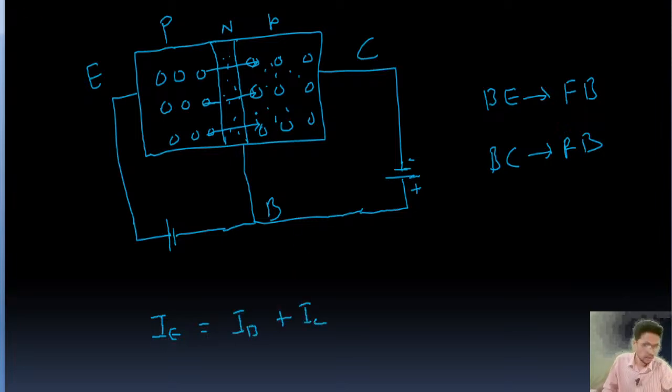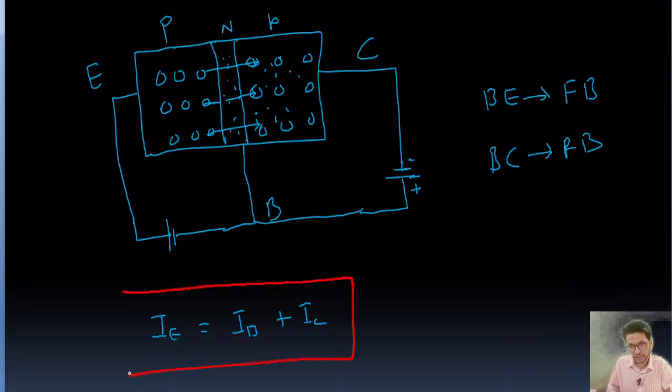Okay, so emitter current is equal to base current plus collector current. Very important formula, guys, you need to note down. We'll solve questions using this formula. So IE equals IB plus IC.